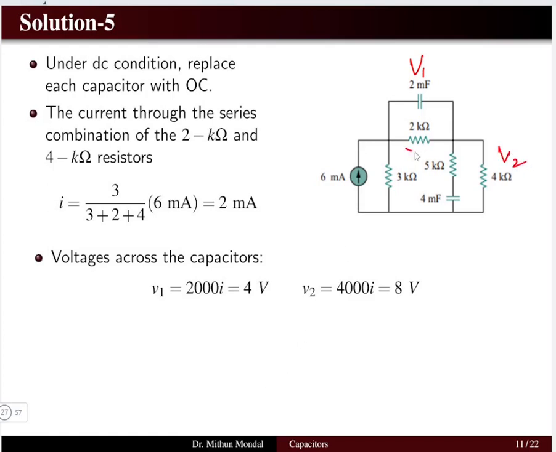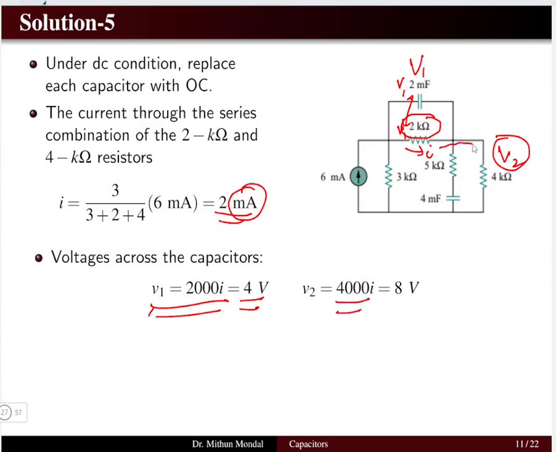So since the current I is flowing this side, I being 2 milliampere, we will be having equal voltage V1 here and V1 here, because both are in parallel. So V1 is equal to 2000 into current I, because we have a 2 kilo ohm resistor, which is equal to 4 volt, because here the current is in milliampere. The voltage V2 is basically 4000 into the current.